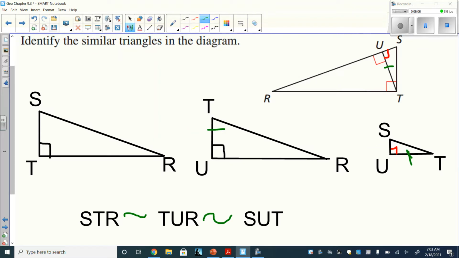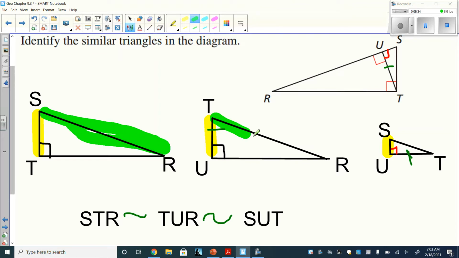Now, even though TU and UT are congruent to each other, we're not going to put them in the same order, because while they are congruent, we're talking about similarity, the sides that are similar to each other, not congruent. So ST, TU, and SU are all going to be similar.